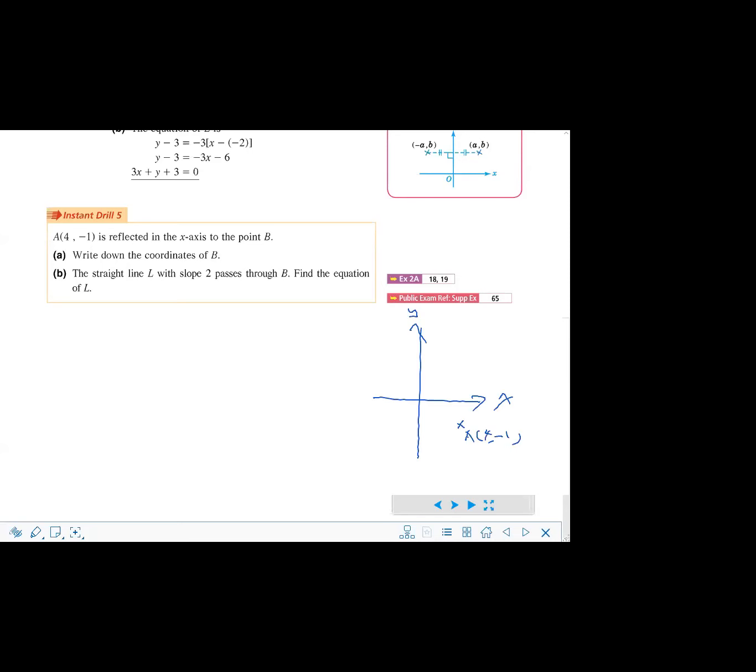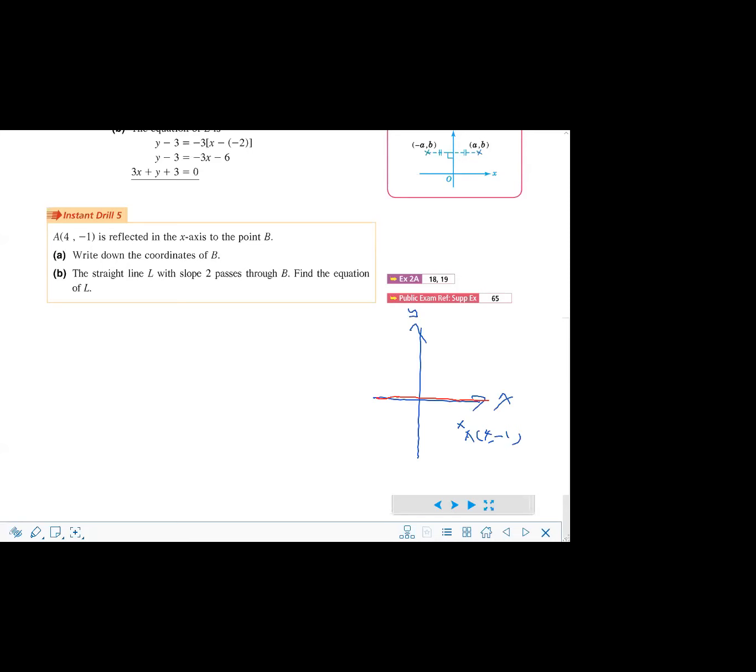This time it is reflected in the x-axis, which means I am going to use the x-axis as the mirror. The mirror is lying down, which means that this reflection is an up-down reflection.